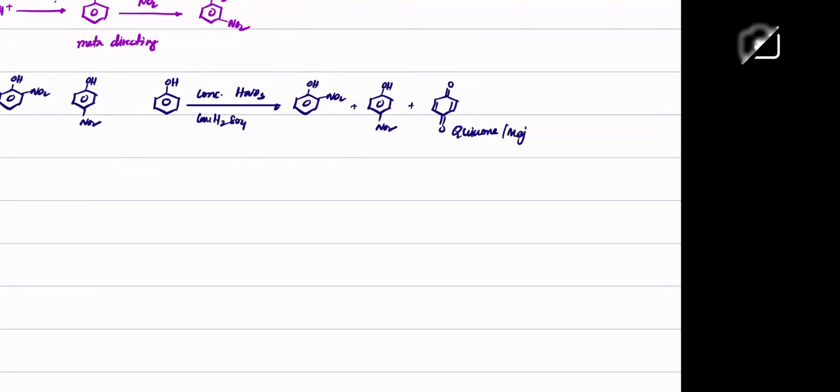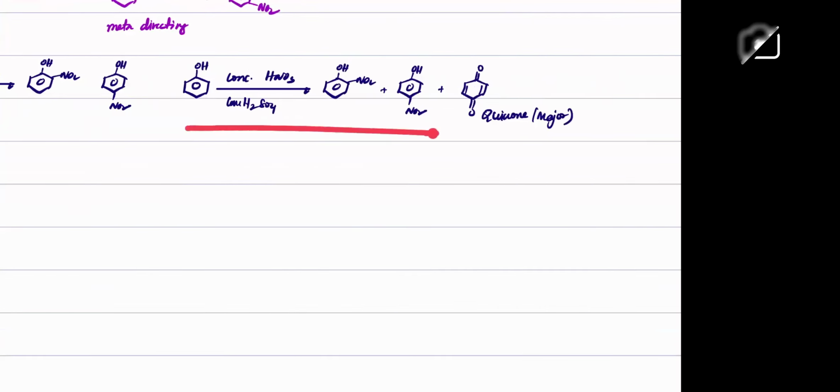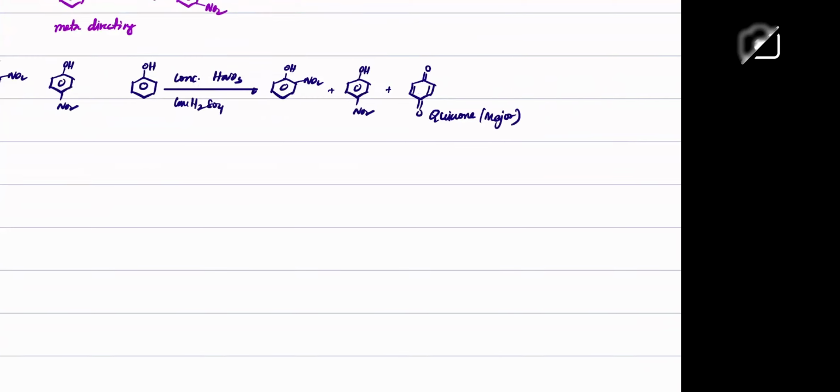That's why with concentrated HNO3 you cannot get this. In fact, these ortho and para products will be minor. The major product would be either quinone, or the next significant product, which is picric acid.